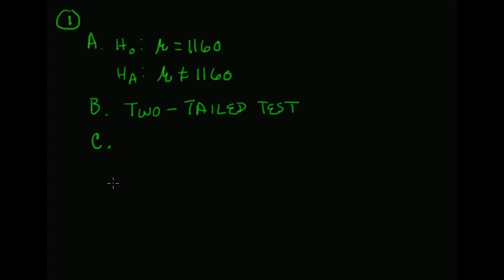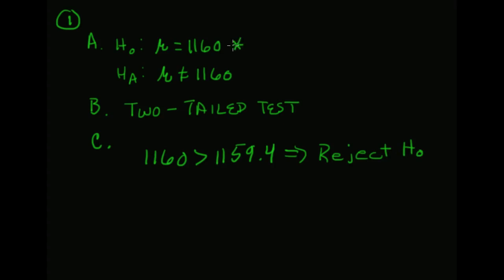He finds that the mean score of the population must be between 1156.6 and 1159.4. The top end of that interval is 1159.4, and 1160 is bigger than the top end of that interval. So there's no way that the null hypothesis can be true given that sample. So we reject the null hypothesis.